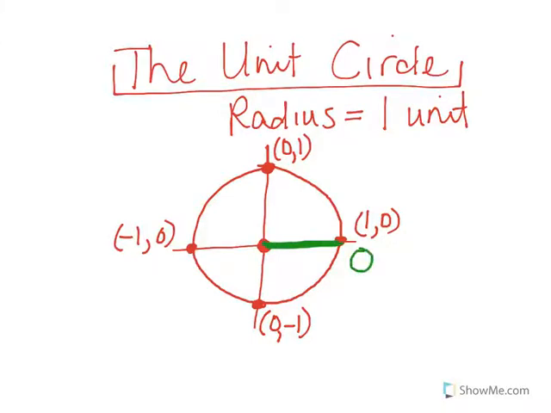I'm not going to put the degree symbol next to my 0 because I'm going to be labeling this unit circle in terms of radians. And when you travel along the unit circle, we typically go in a counterclockwise direction. So we go in this way.